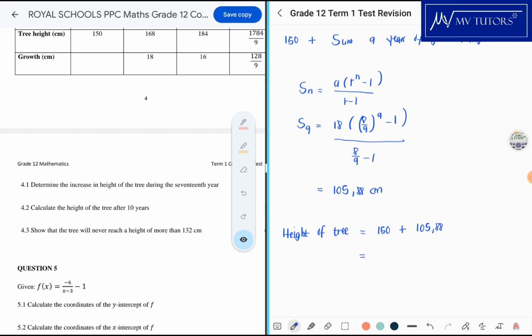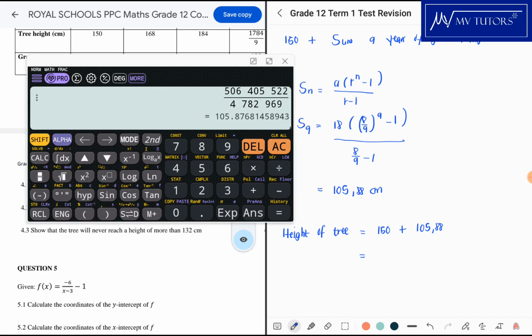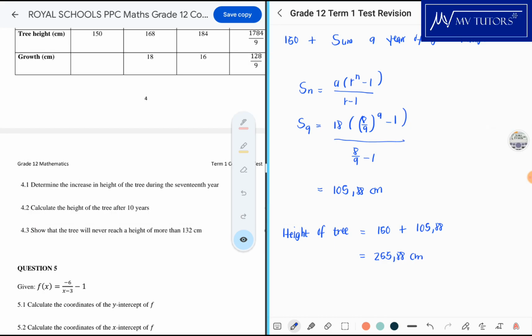Okay, so we have 150 plus 105.88. So we're going to get 255.88 centimeters. Okay, so that is the height of the tree after 10 years.